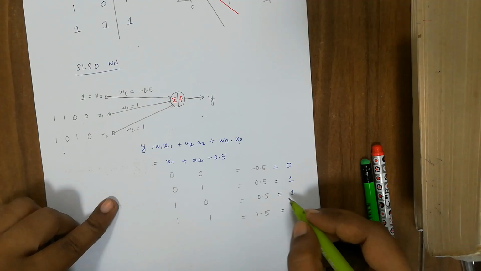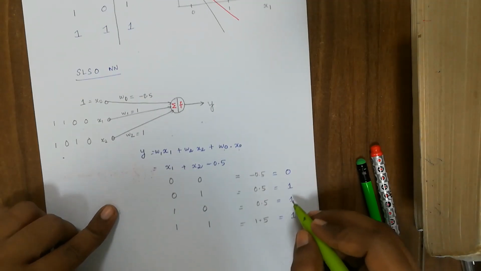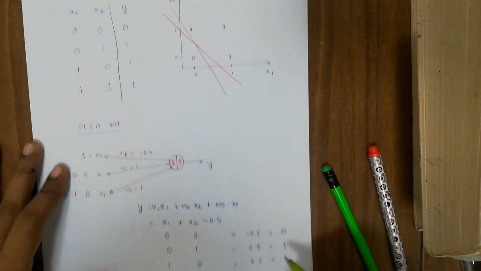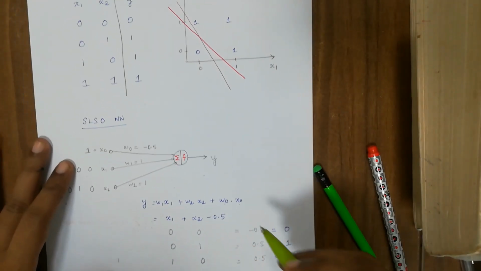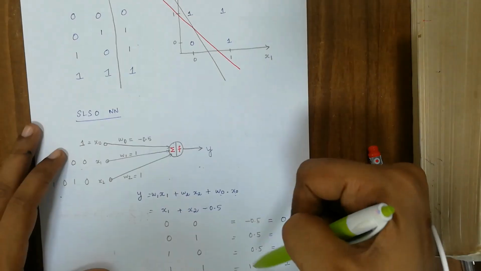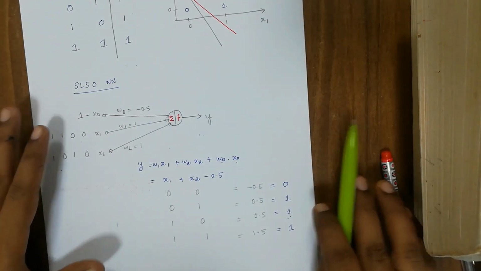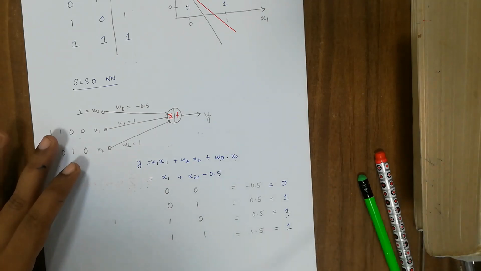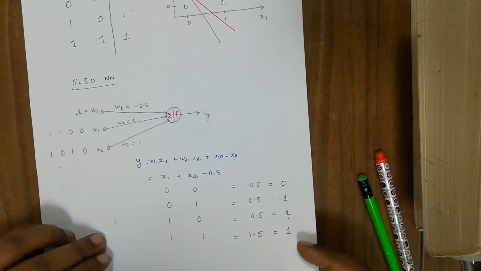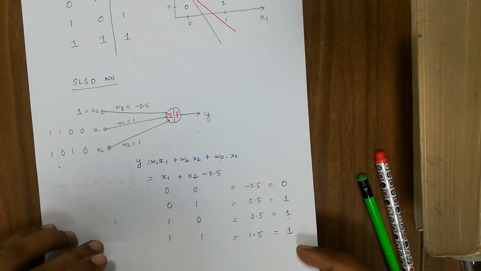The non-linearity that we are choosing is hard threshold, and this will also produce the expected result. So this is the actual result, and it is the same as the expected result. So with this weight vector, the operation of the OR function is also able to be designed with a single layer, single output neural network.